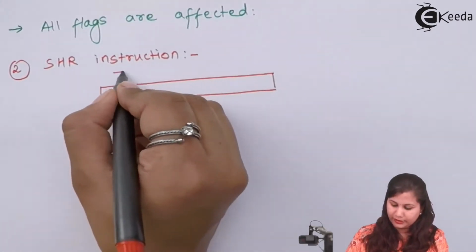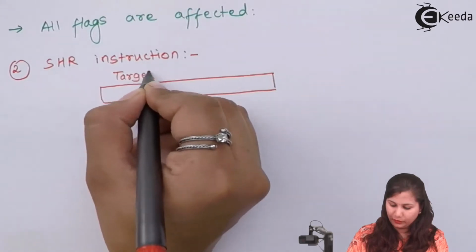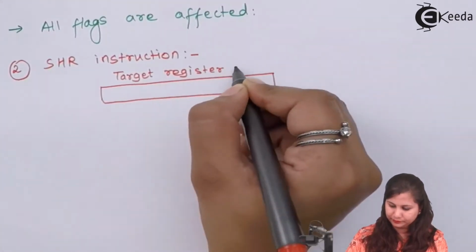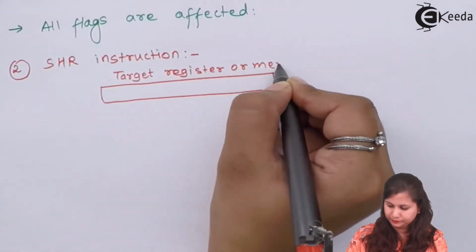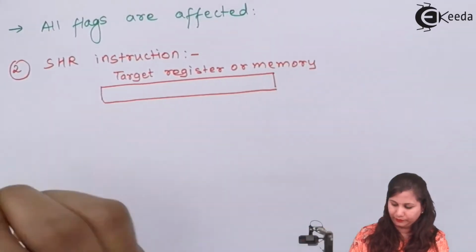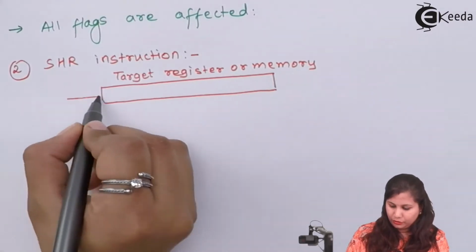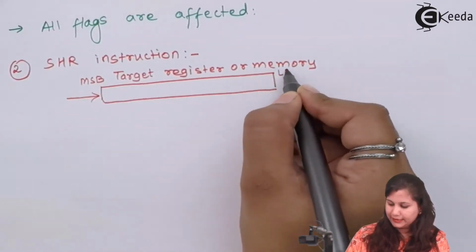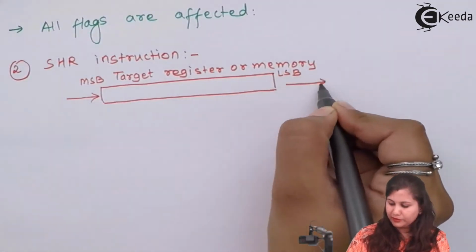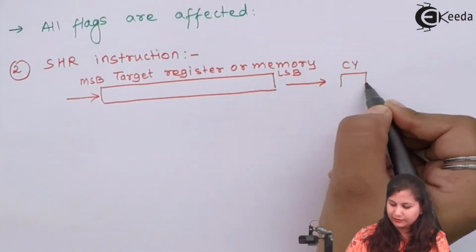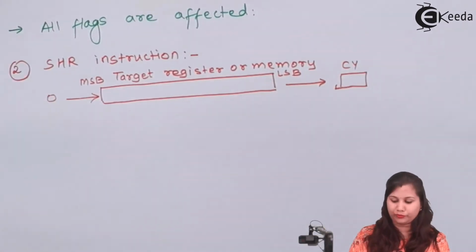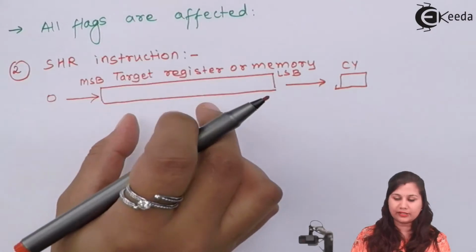This is the target register or memory. So we will have the MSB and LSB. LSB will be shifted to the carry flag and MSB is made as 0. So this is the SHR instruction.